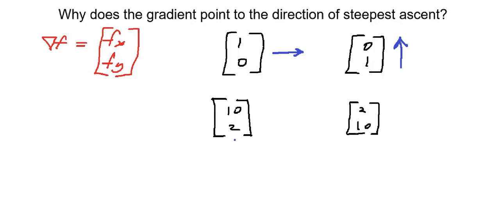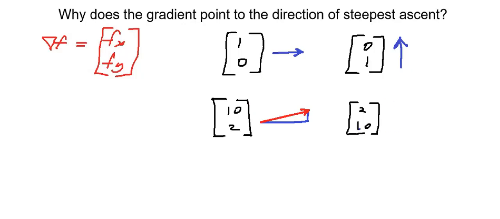In this case, if we have a slope of 2 in the y direction and a slope of 10 in the x direction, well then we go 10 x's this way, 2 y's this way. That would give us a vector that looks like this. So it's trying as hard as it can to point in the x direction.